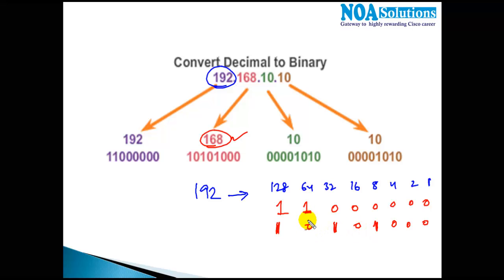In the same way, let's take 10 as an example. I can write 8 plus 2, which is 10, and the remaining numbers as zeros. This is how we convert from binary to decimal and decimal to binary. In future classes, we'll get into more advanced IP addressing called subnetting.